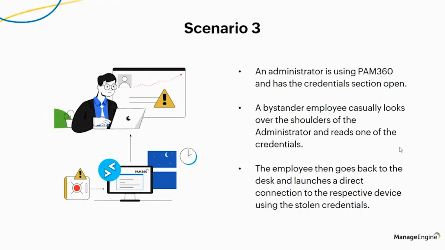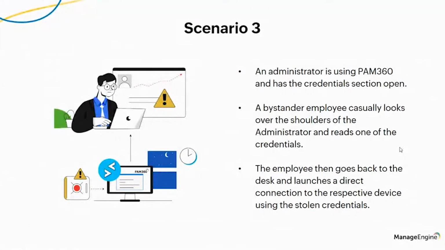It's just that in general, it doesn't involve mission critical credentials or highly confidential data. But that being said, there are chances of this happening for a critical credential, right? So in this case, as far as PAM is concerned, there is absolutely no anomaly. A valid administrator looked at a password that they are authorized to see.